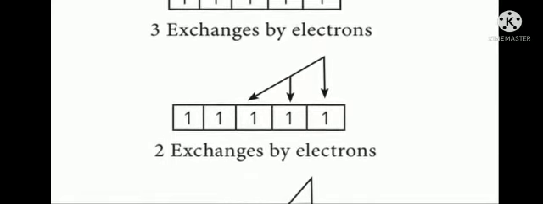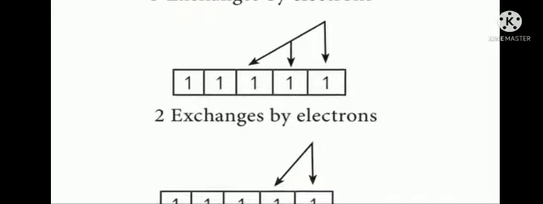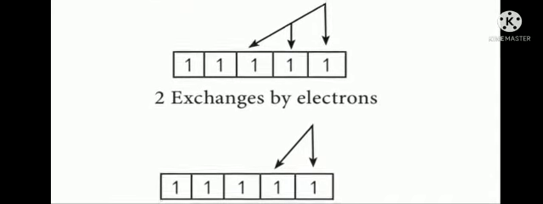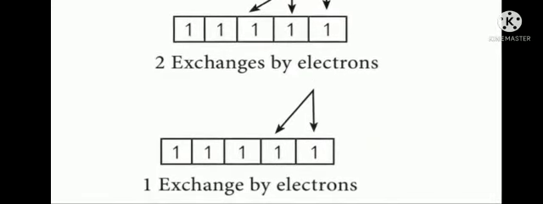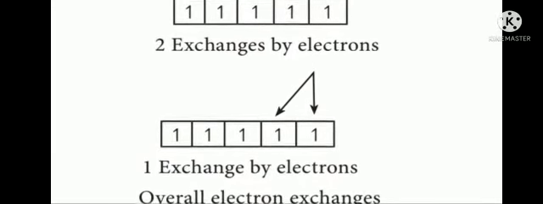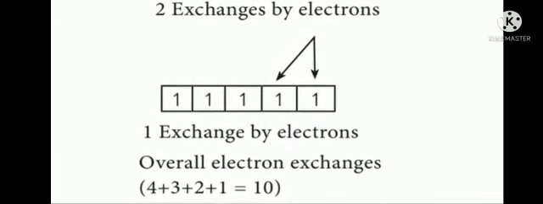Therefore, overall electron exchanges are 4 plus 3 plus 2 plus 1, which is equal to 10. For 3d5 configuration, there are 10 possible exchanges.